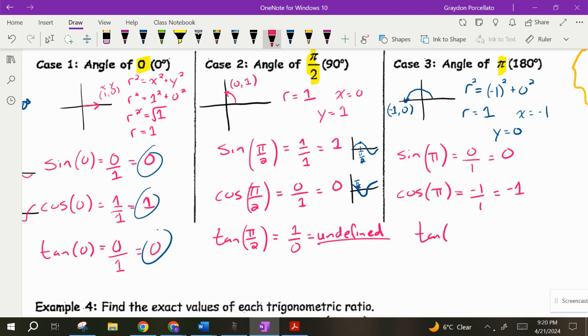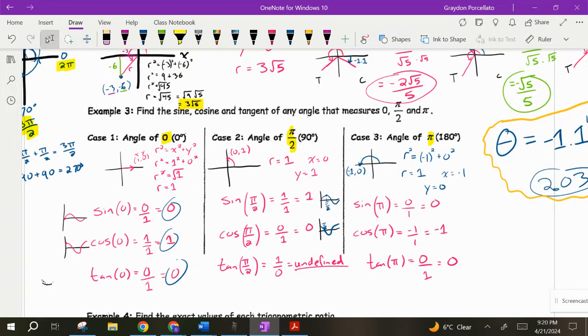And the tan of pi is going to equal 0 over 1, which is equal to 0. Okay? So that's just looking over that question there, drawing out those angles. Again, you can type those various things into your calculator and you'll see that you get those same answers.